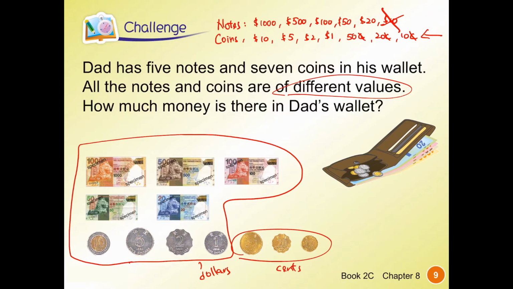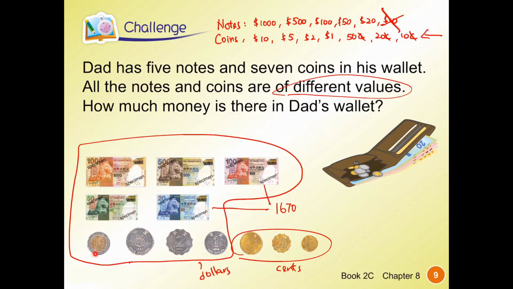So we'll start with the largest value of the notes first. We have 1,000, 1,500, 1,600, 1,650, 1,670. So at least for the notes, all the notes here, we have 1,670. And then we'll look at the coins in the dollar group.